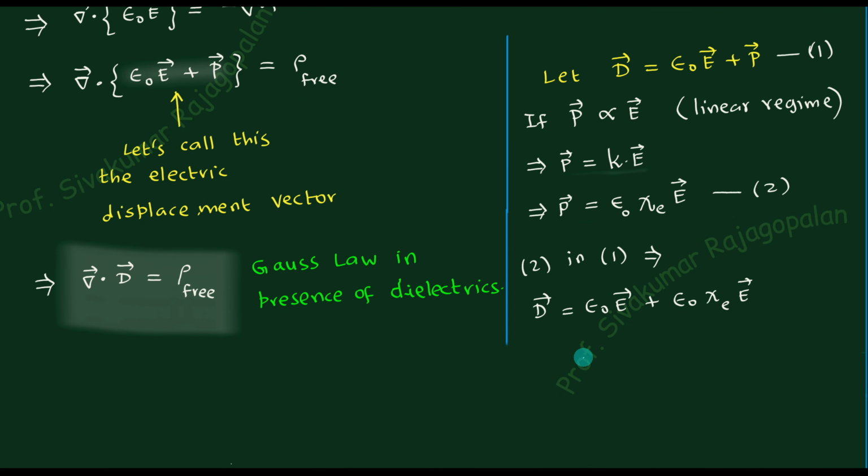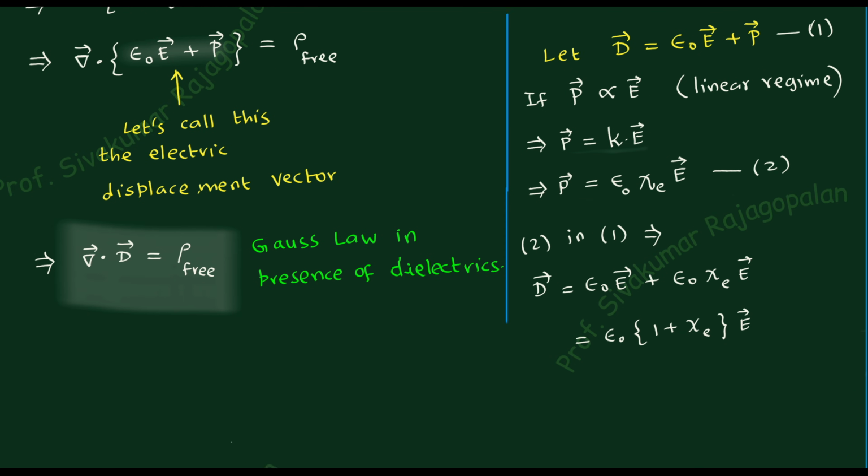Then take epsilon 0 common. Now chi e is a dimensionless number, and 1 is also a dimensionless number. So 1 plus chi e is going to be another number, and we will call this number the relative permittivity.